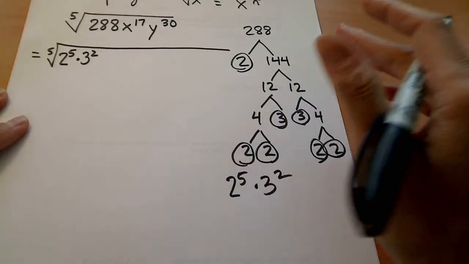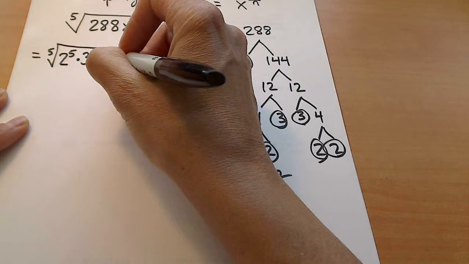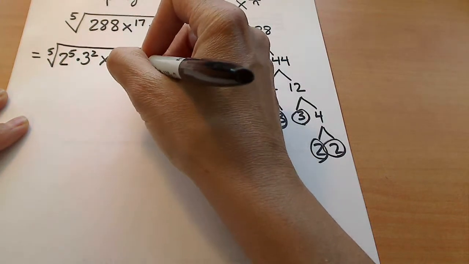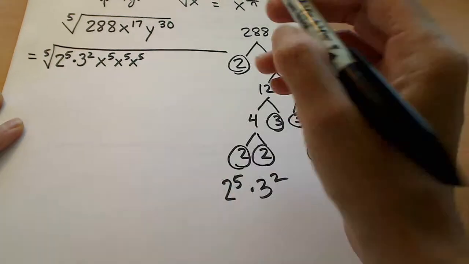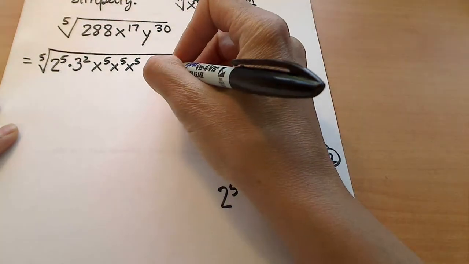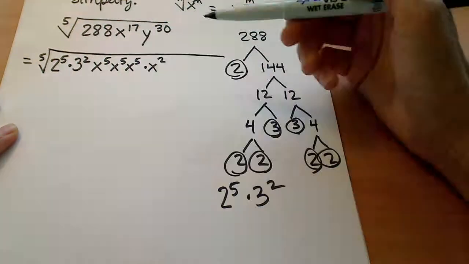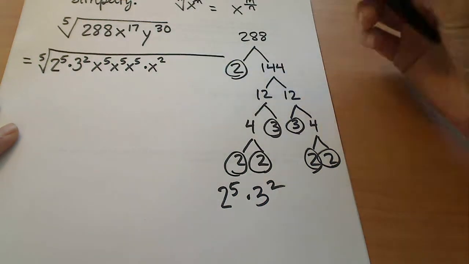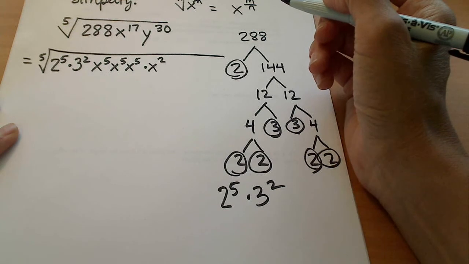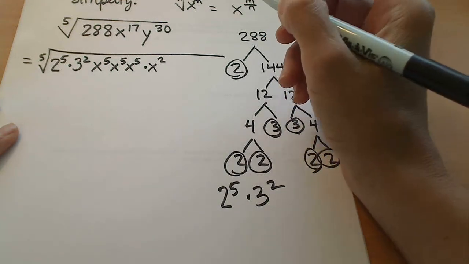The x to the 17th I'm going to represent as x to the 5th 3 times, so that's 15 x's right there, and then we've got 2 left over, so there's 17 x's. And then we have y to the 30th, which is actually 6 y to the 5ths.